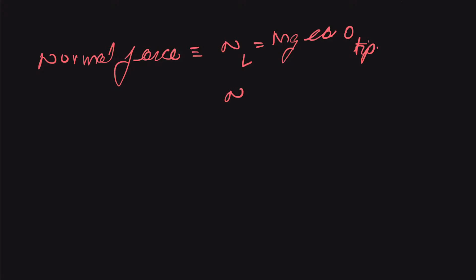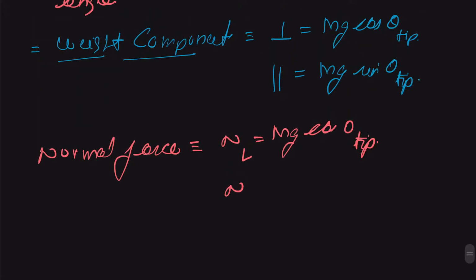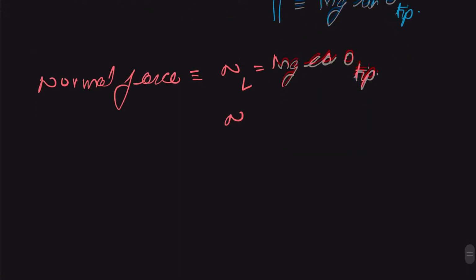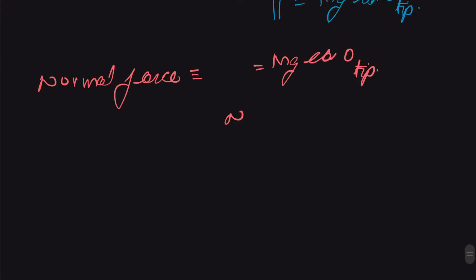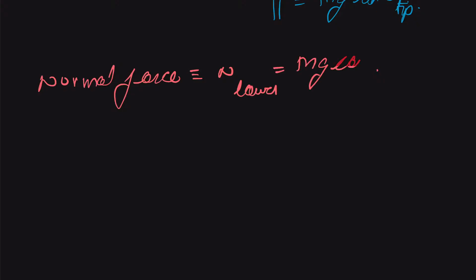Or let us say in terms of lower and upper, because the face doesn't matter. Okay, so let me change this. Let me call this normal lower, which is equal to mg cos of theta tipping angle, and normal at the upper will be equal to 0.